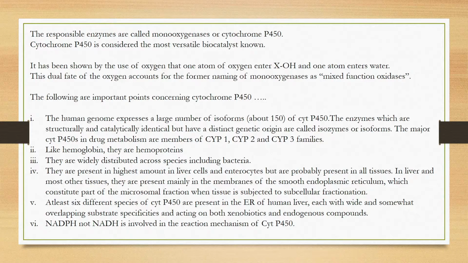The combination of there being a number of different types of these cytochrome P450s, each having a relatively wide substrate specificity, explains why the cytochrome P450 family can metabolize thousands of different chemicals. And here, in the reaction, we have seen that it is NADPH, not NADH, that is involved in the reaction mechanism of the cytochrome P450.